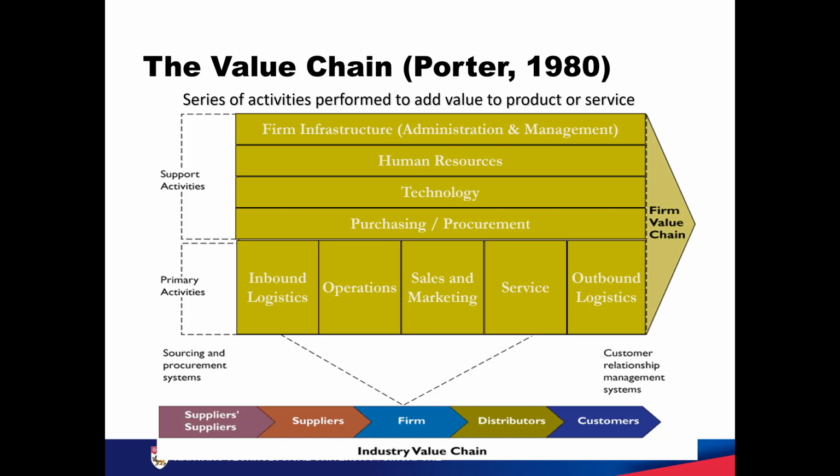So a specific focal company doesn't sit isolated. Rather, it is actually coupled with some upstream businesses as well as some downstream businesses. So in this case, it's very likely this particular company is working with some supplier as well as distributor in terms of its inbound logistic and outbound logistic activities, respectively.